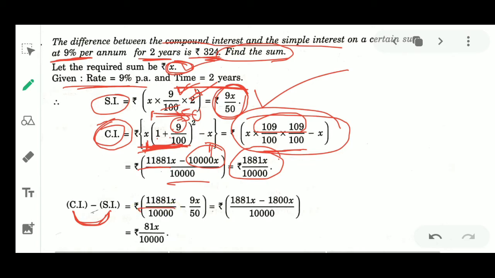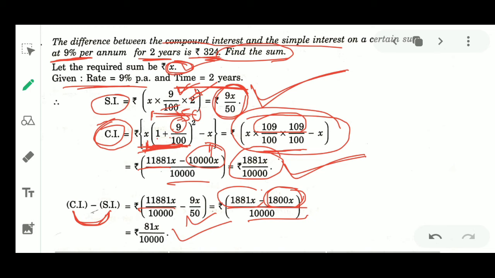So compound interest minus simple interest equals 1,881x by 10,000 minus 9x by 100. So this will be 1,881x minus 1,800x by 10,000. When you subtract 1,800x from 1,881x, this will be 81x by 10,000.